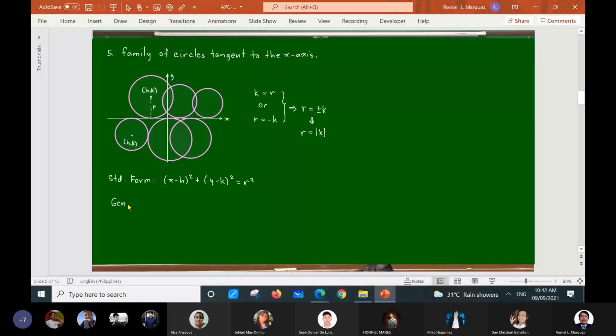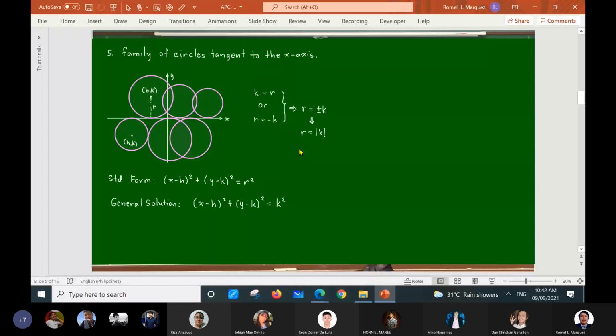Oh, we have x minus h. But what is the relationship between the k and the r? The r is equal to the absolute value ng k. Pag in-square ko to, equal yan sa k squared. Am I correct, children? Guys? Yan, yes po.